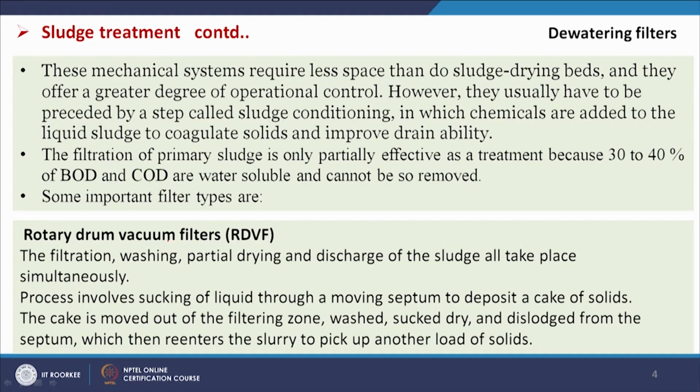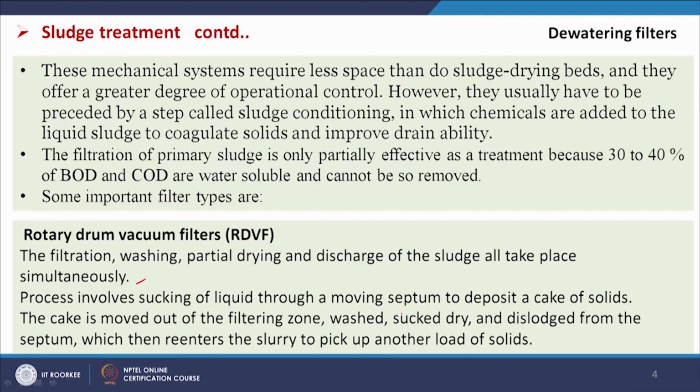and belt filter, etc. So, rotary drum vacuum filters. This is a continuous filtration unit. The filtration, washing, partial drying and discharge of the sludge all take place simultaneously. We have discussed this in our previous classes.